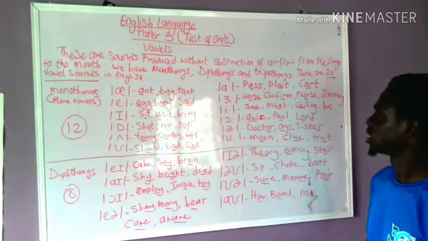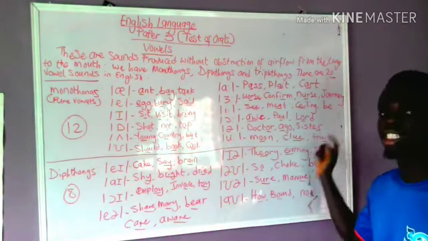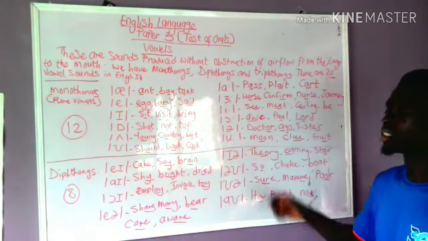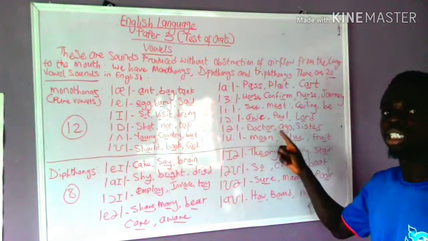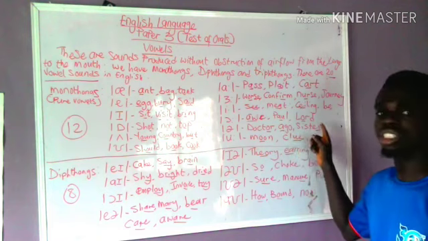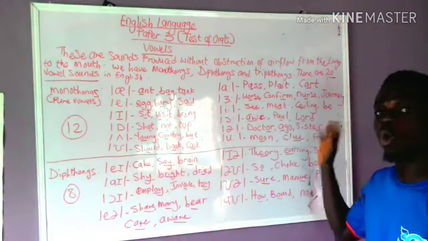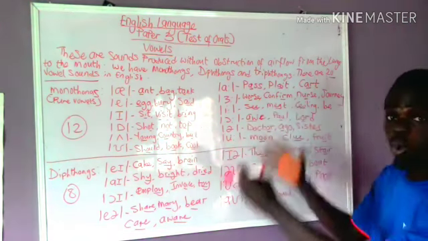Doctor, a girl, sister, about, above, amount. Are we together? Alright, so you can look up more words in the dictionaries and your notebooks. This is all to guide you.